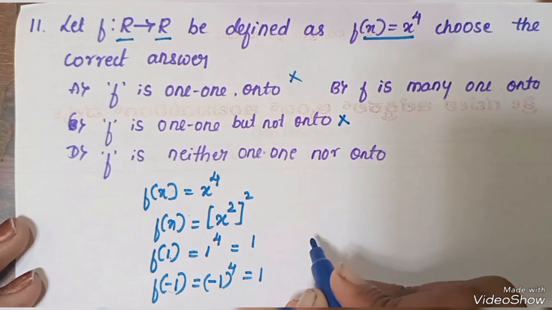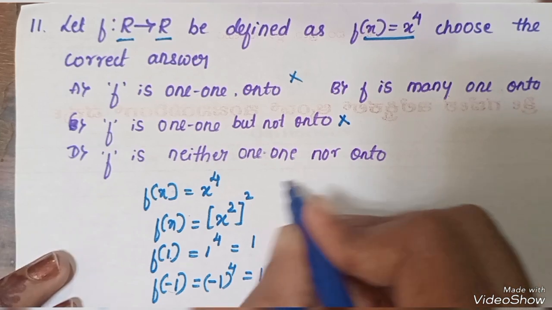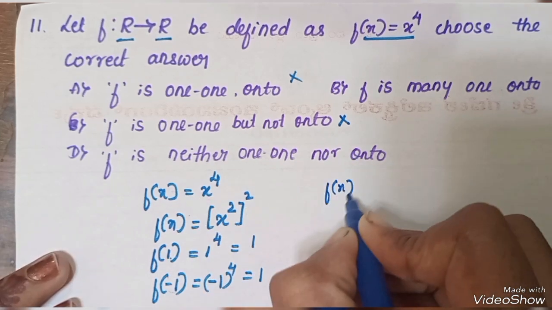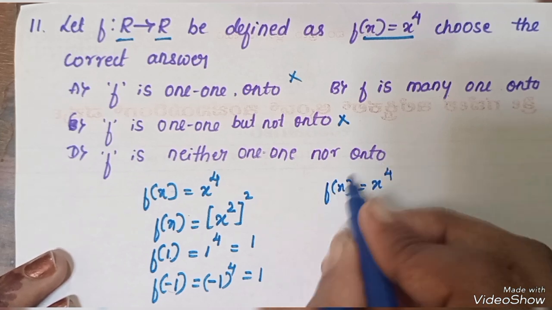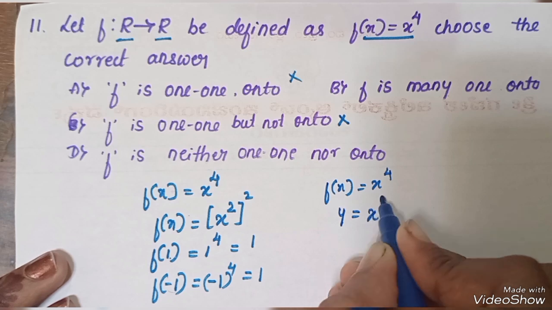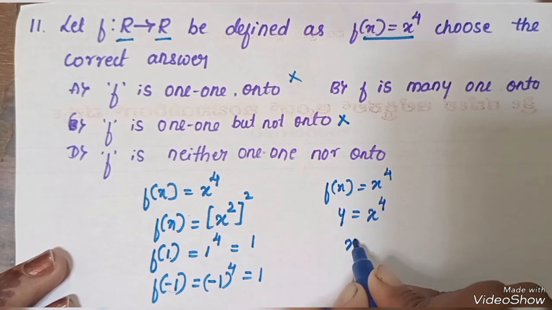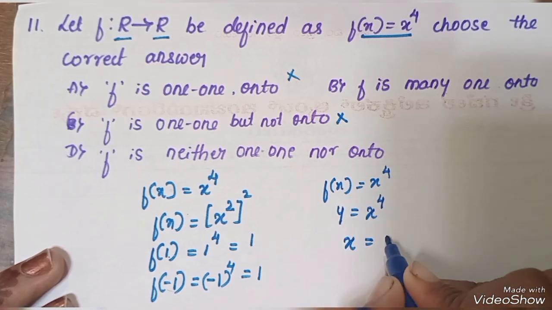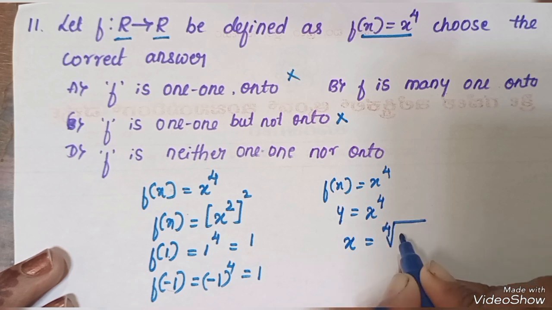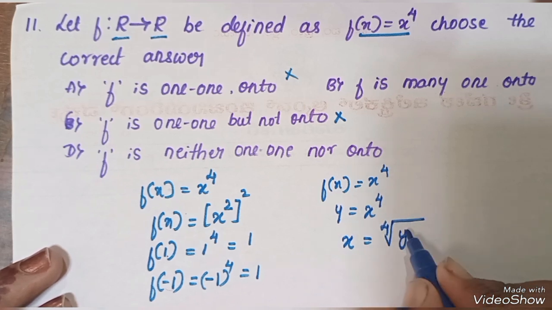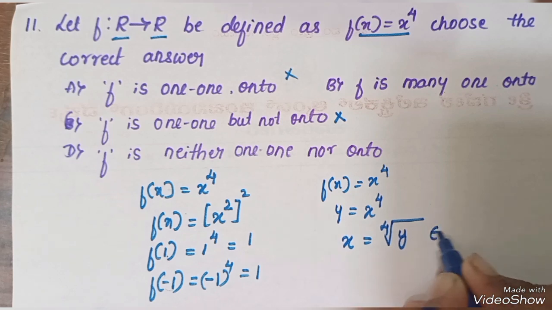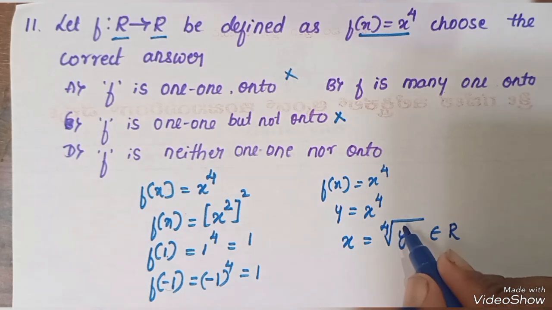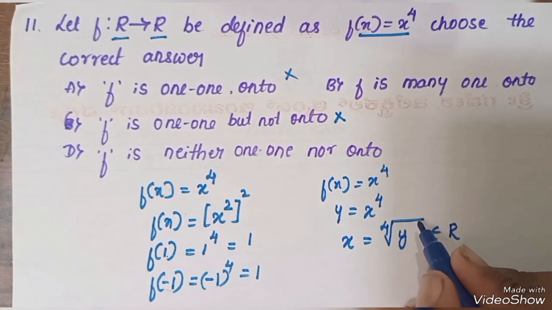Again, checking the condition of onto. Here, f of x is equal to x to the power 4. Solve for y. f of x is equal to y is equal to x to the power 4. Solve for x. x is equal to the 4th root of y. The 4th root of y is not a real number because negative values have imaginary roots.